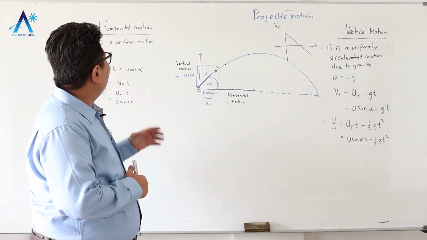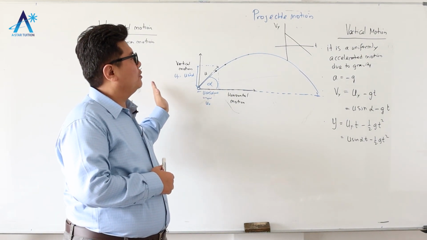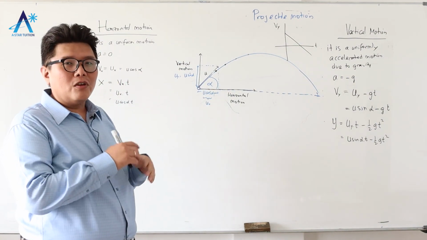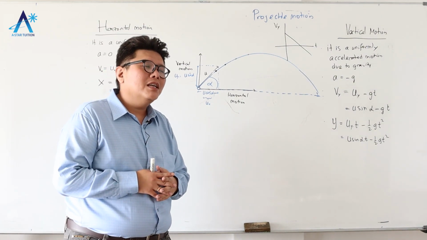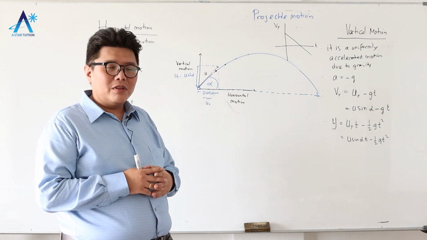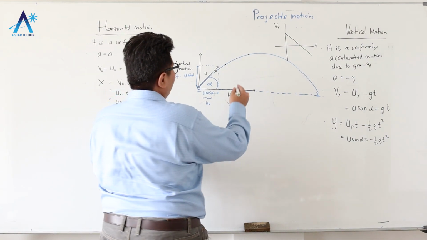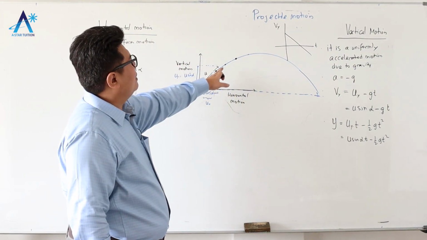Okay, now that you understand the horizontal aspect of the motion as well as the vertical aspect, what about the velocity at any instant? By velocity, I mean both the magnitude and the direction. Let's say at this point we know the time.